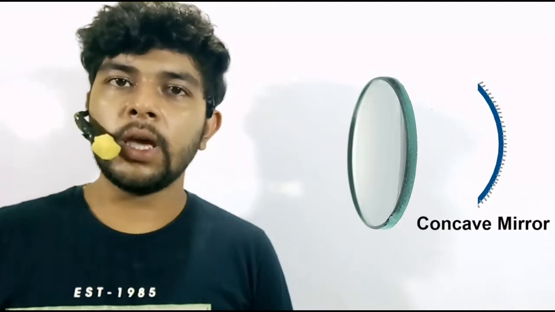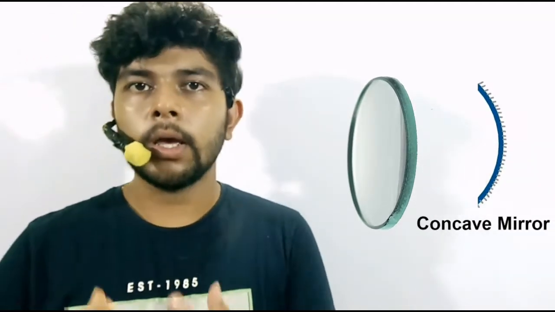Now in this video we are going to study the image which is formed by the concave mirror in brief. So what is a concave mirror, we have learned. A concave mirror is a special spherical mirror in which the reflecting surface is bent in, right?